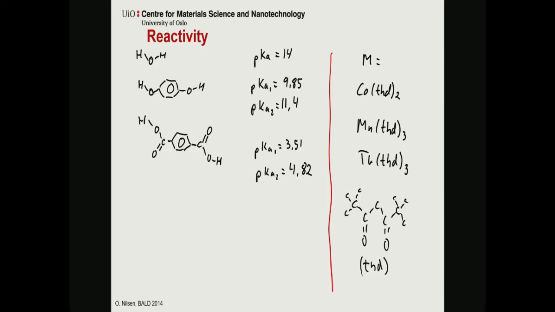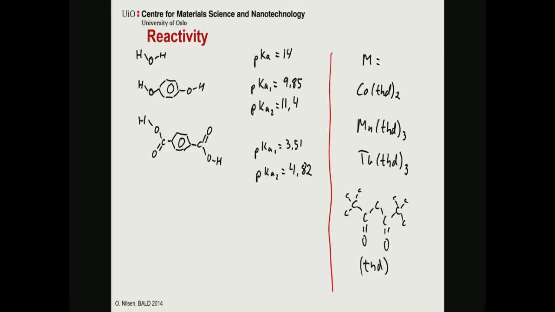The higher the pKa, the stronger the bond. The lower the pKa, the more likely it wants to just donate that proton. And then the question is, what is the pKa of water? It is not 7, it is 14.